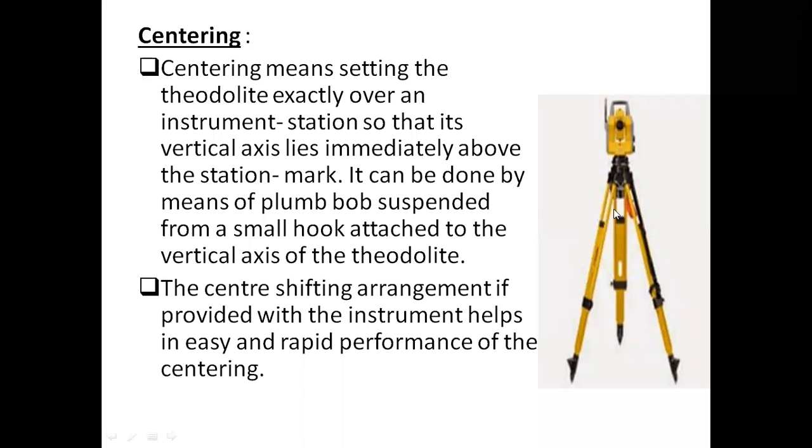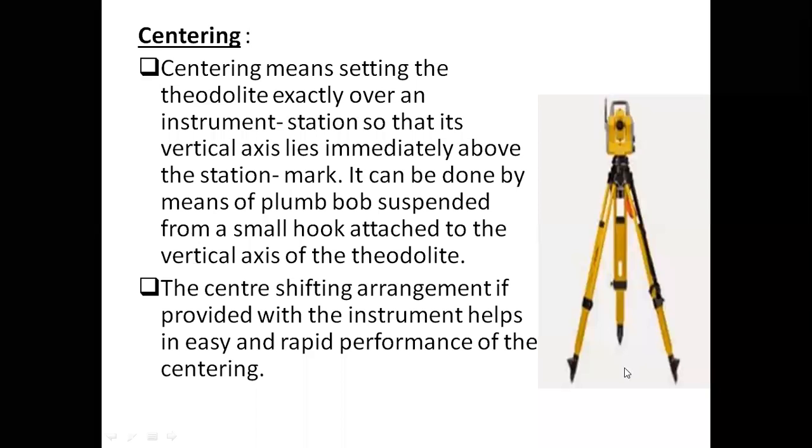These are the three tripod stands. On this tripod stand, the theodolite instrument is fixed. Then, to start any survey, you have to fix the theodolite instrument on the starting point, or whatever point you require. You need to fix it exactly over that point.